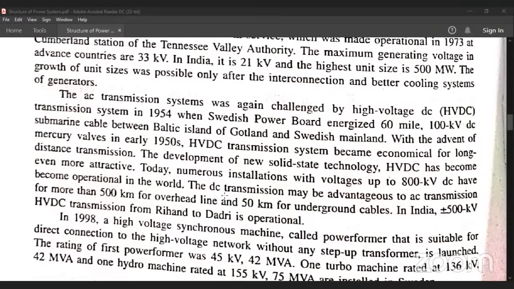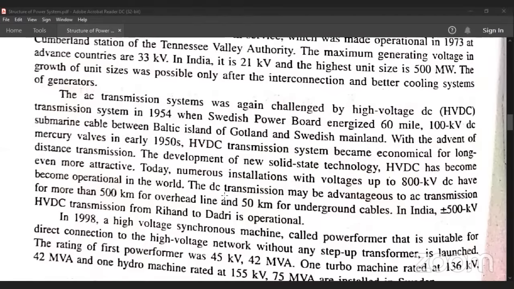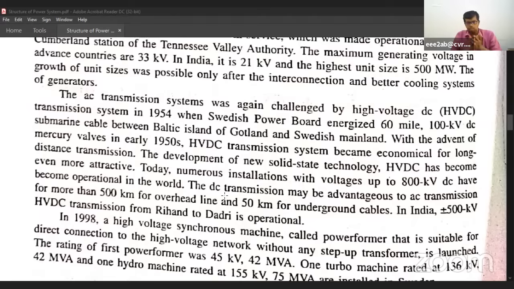In an AC transmission system you see three phases, and in one transmission tower itself two circuits, sometimes three circuits, are taken in parallel to reduce the line cost.